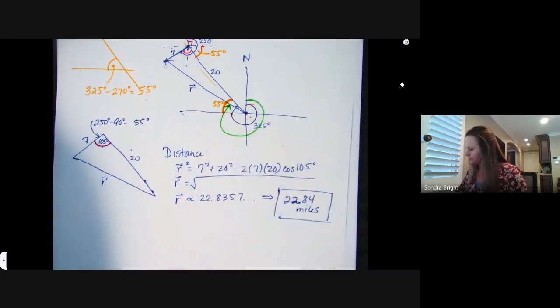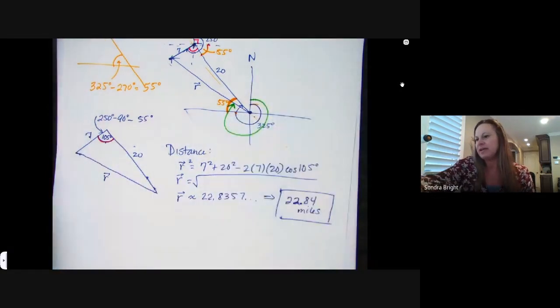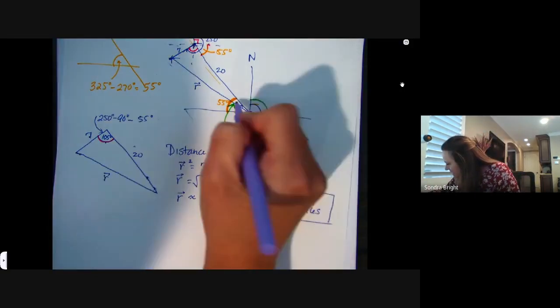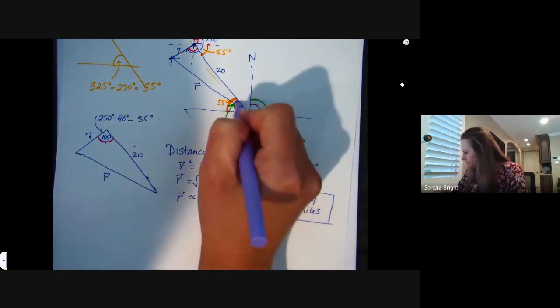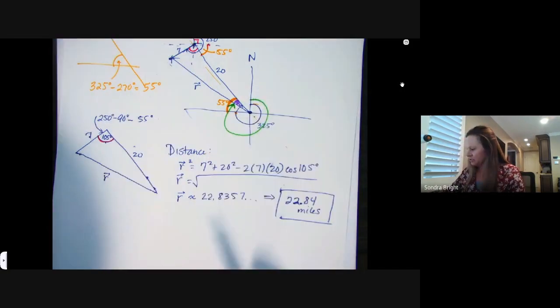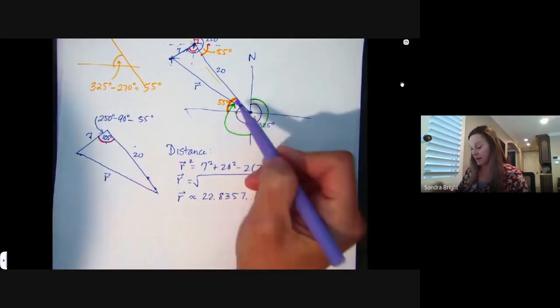And so what I need to do is figure out, I know it's 325 until the inside. So do you see that if I find this angle right there in purple, then I can do 325 minus that angle, and that'll give me the green bearing.